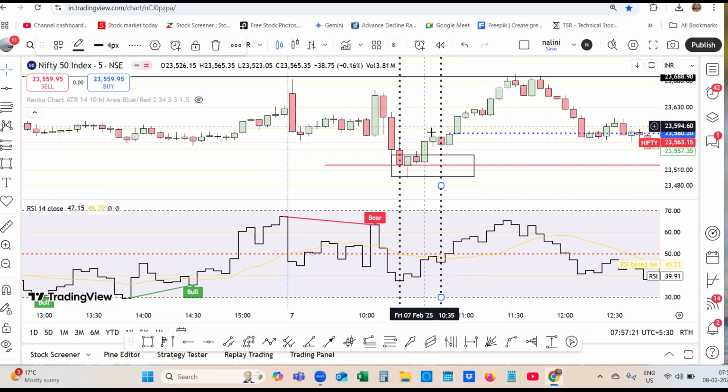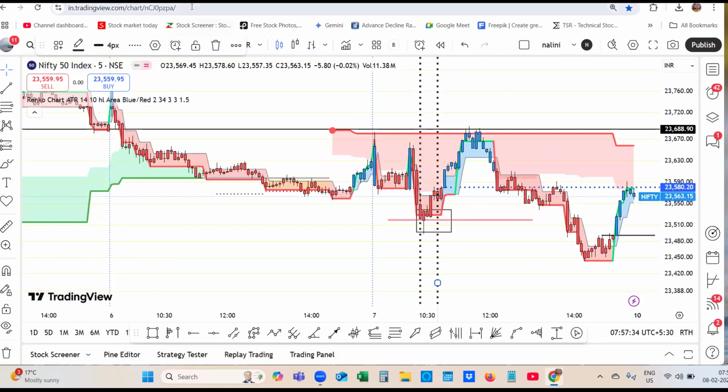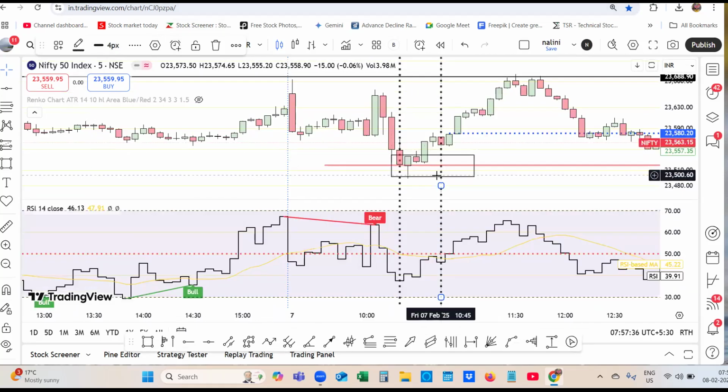Whereas the entry, if you do it here, is an aggressive entry, capturing almost 80 points earlier when compared to the Renko chart. But it is not necessary. In the live market, making money is more important than our chart analysis or precise entry.